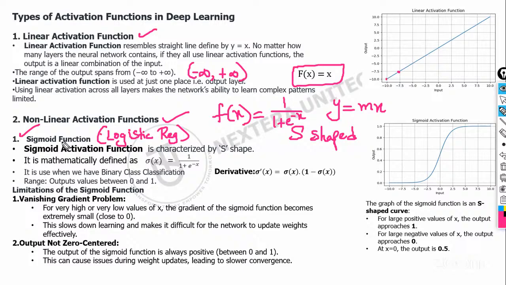The limitation is that it is computationally burdened, because I'm using the exponential of the value. So obviously it is computationally expensive, but the main purpose of the sigmoid function is that it is generally used for binary classification.